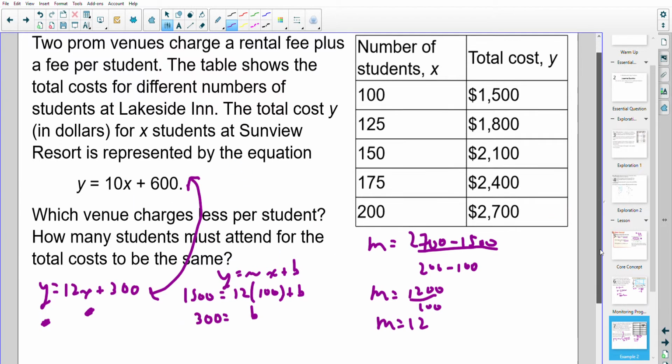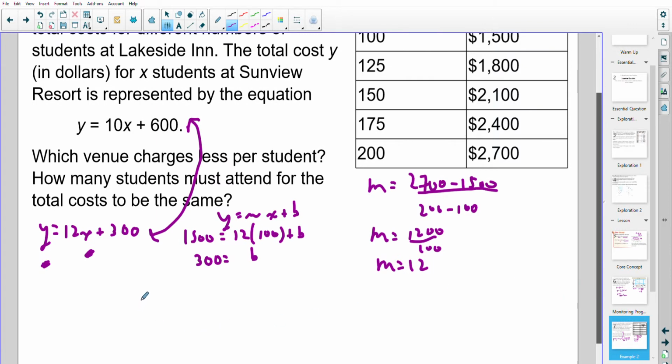Now, to do this, you would just set both of those equal to each other. So y equals this and y equals that, so this is equal to that. It would be 12x plus 300 is equal to 10x plus 600. Keeping the larger x's on one side, 2x plus 300 equals 600. 2x equals 300 after subtracting 300 from both sides.